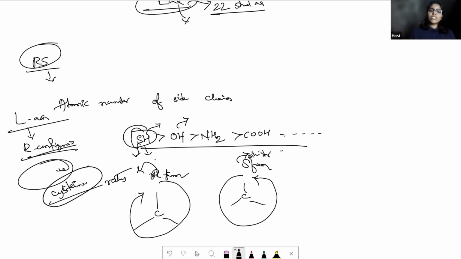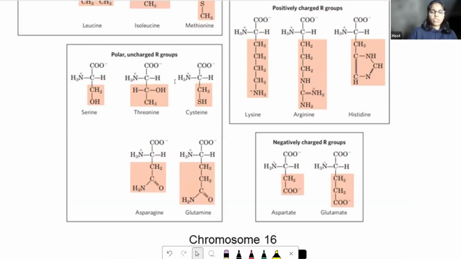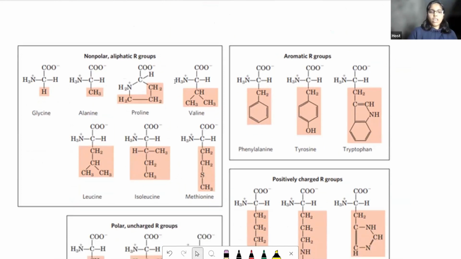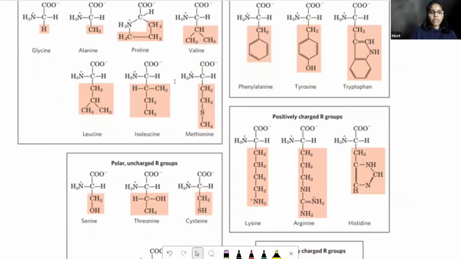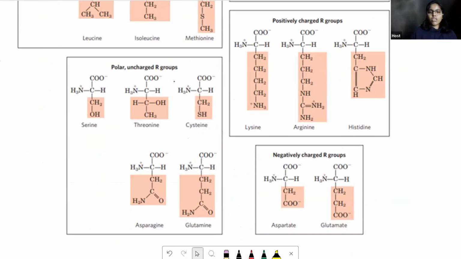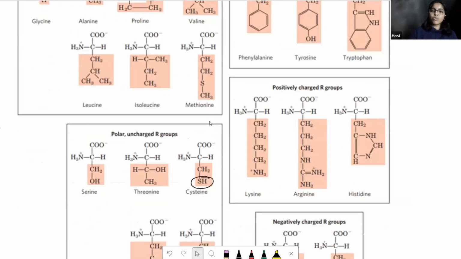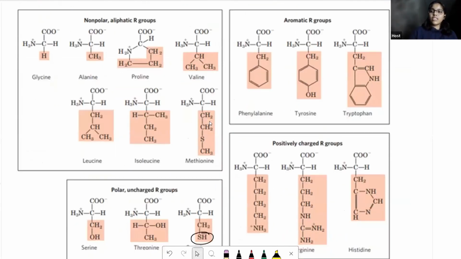You already said that cysteine has something that can change its priority. Cysteine has SH, that's why it can change the side chain priority. When you look at the side chains of amino acids, you will get an idea. If you look at cysteine here, cysteine has SH in its group. That's why when I talk about the side chain, I'm talking about these groups that are shaded here.